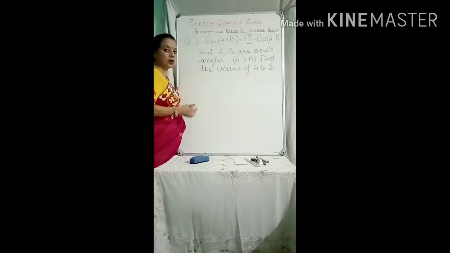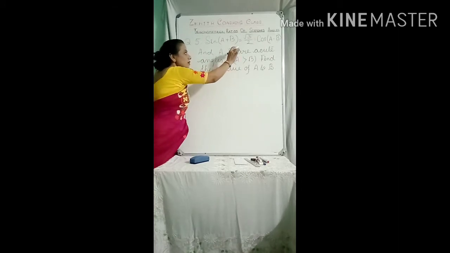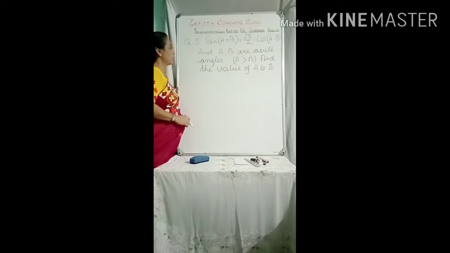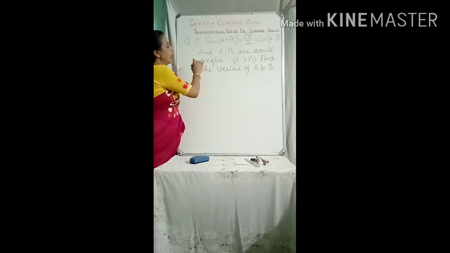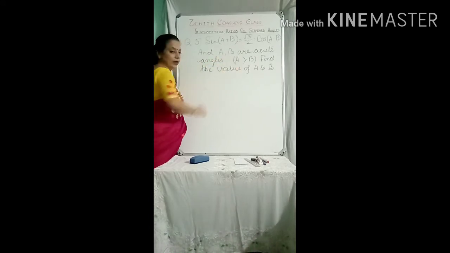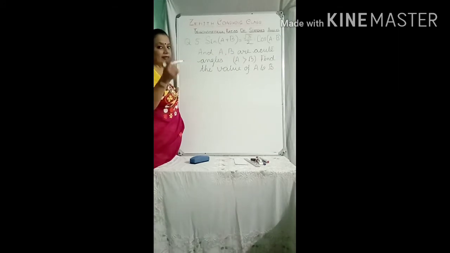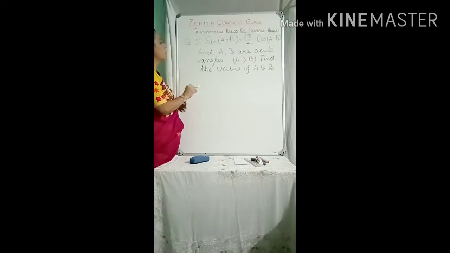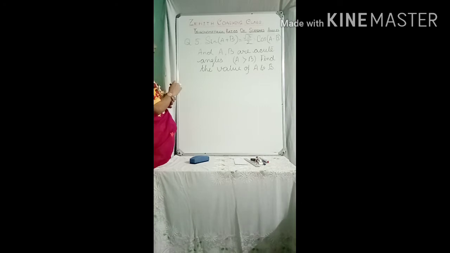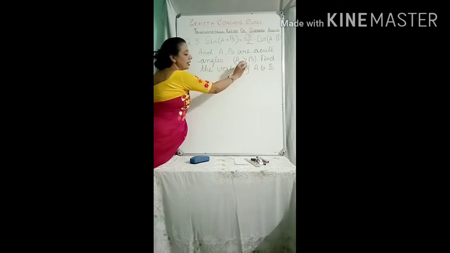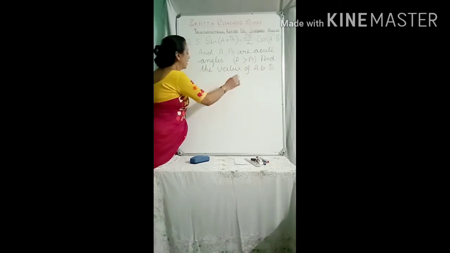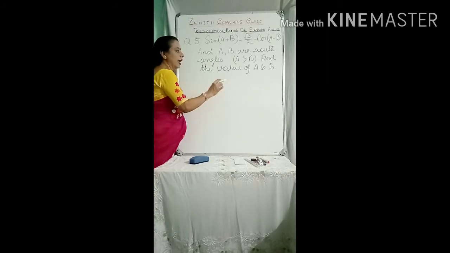I am repeating it because you have to understand this. And A, B are acute angles. Acute angles means lesser than 90 degree. So A and B are acute angles and A is greater than B. Find the value of A and B.